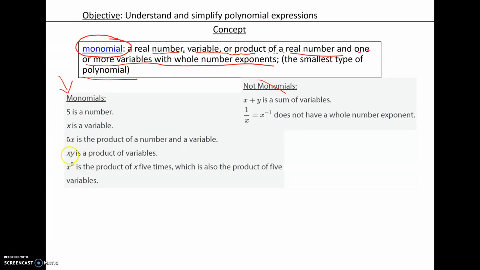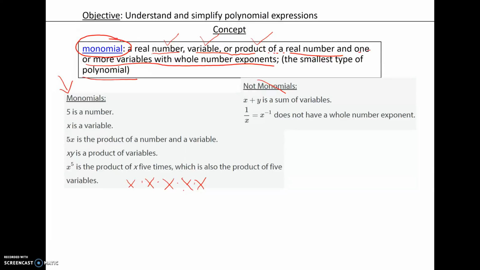Same thing with x and y, they're both variables, a product because you're multiplying them. x to the power of 5 is a product because it is x times x times x, and so on, 5 times.